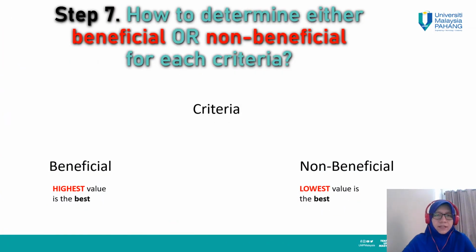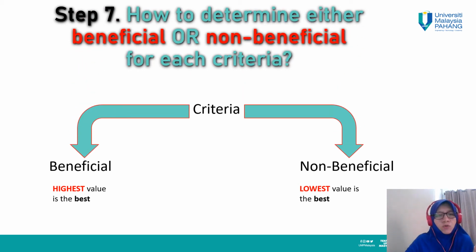Step 7 is to determine whether each criteria is beneficial or non-beneficial. How to determine whether it is beneficial or non-beneficial? It is based on the score that we give at step 6.